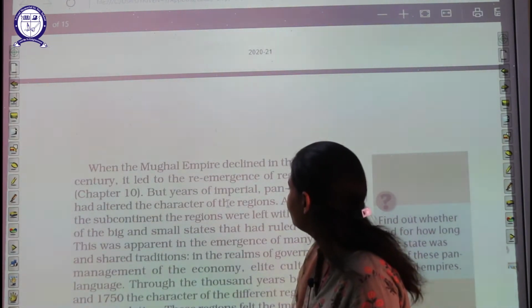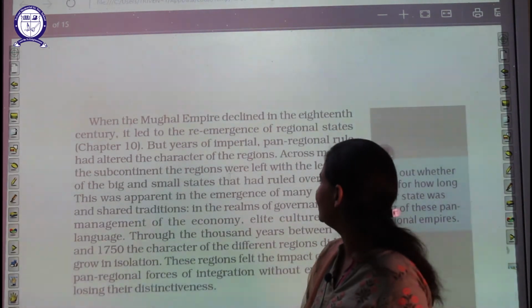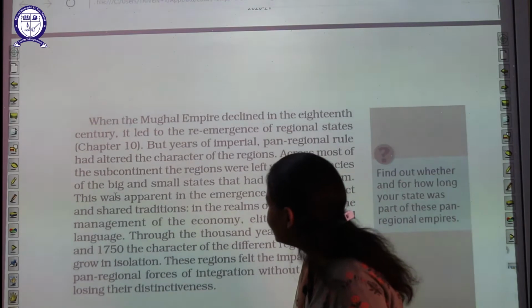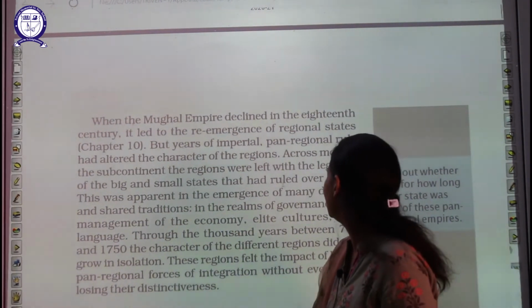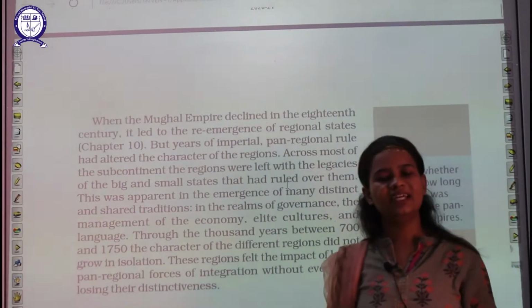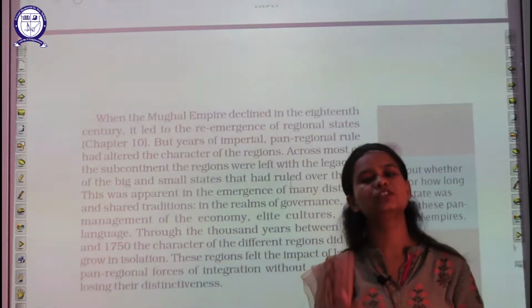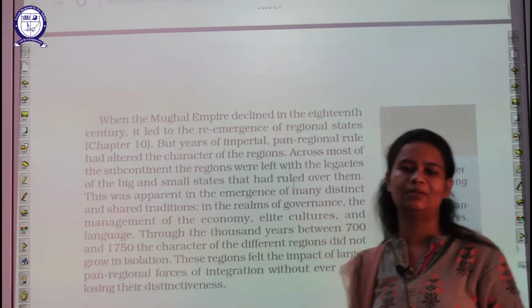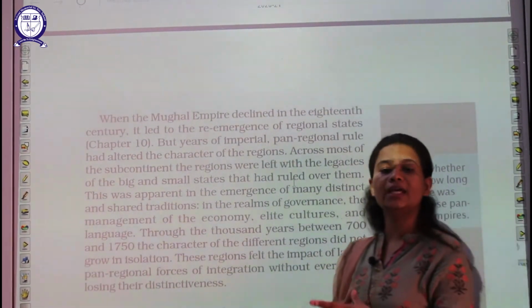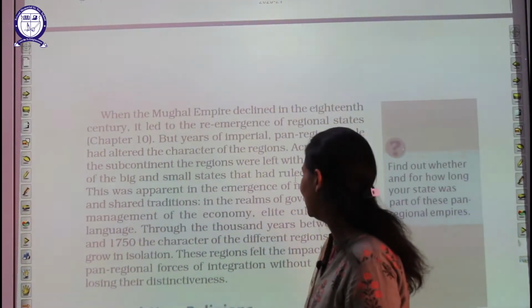It is said here that across most of the subcontinent, the regions were left with the legends of big and small states that had ruled over them. Yes, these dynasties held big states under themselves and small states also, and that is how they were controlling the entire region under them.